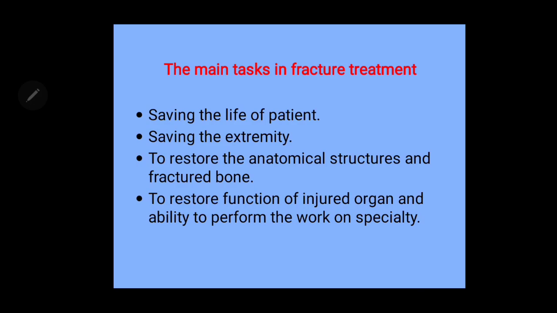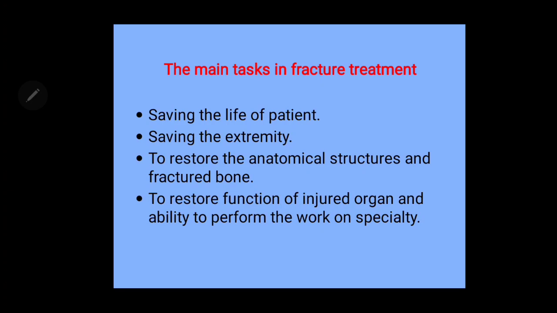But if the patient's general condition is good already, now you should go to saving the extremities. And this is the secondary goal for us. The primary was to save the patient's life. If you are able to save these extremities, the third goal is to restore the anatomical structures and fractured bone.